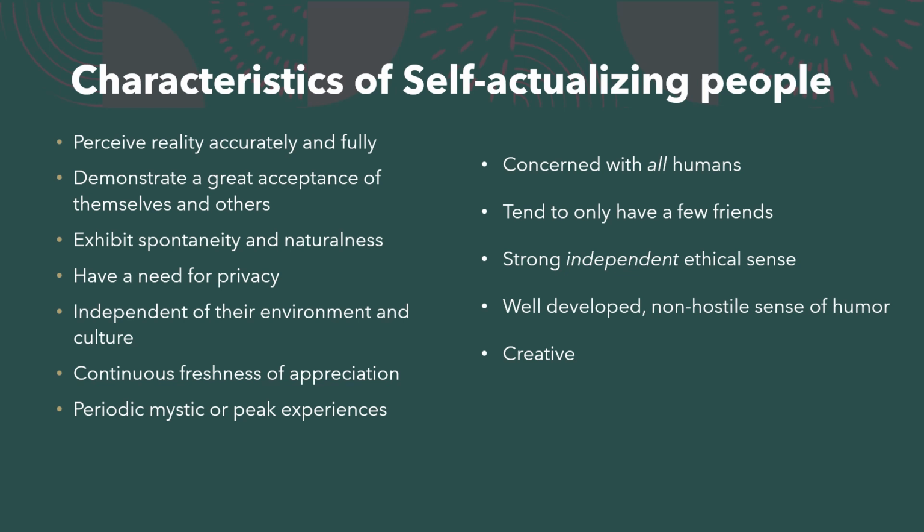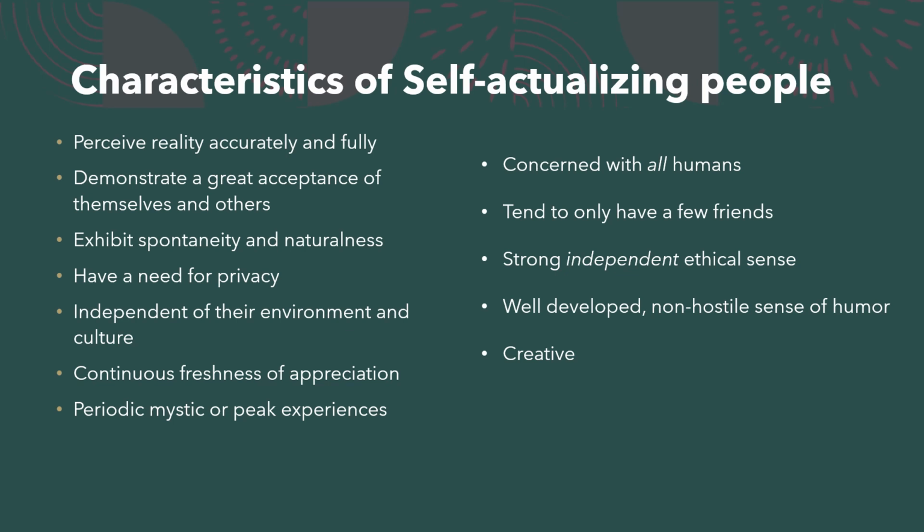So Maslow talks about the characteristics of self-actualizing people. They perceive reality accurately and fully. They demonstrate a great acceptance of themselves and others, accepting the way they are. They exhibit spontaneity and naturalness, need for privacy, independent of their environment and culture.